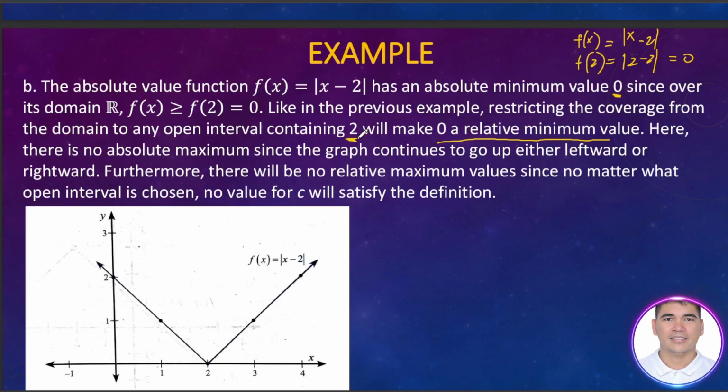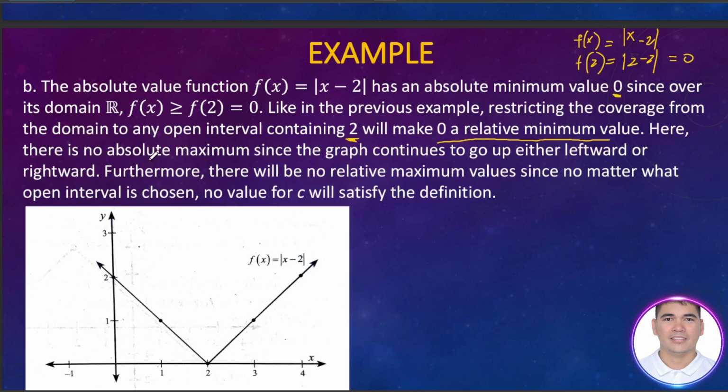So that is the same with the previous example. 4 can be a relative maximum value if the interval contains 0. Here, if each interval contains 2, then 0 will be a relative minimum value.